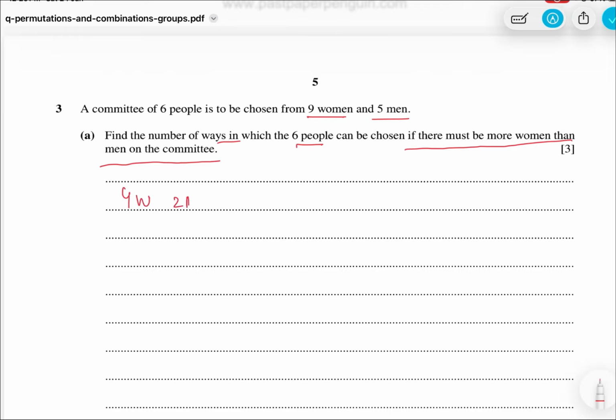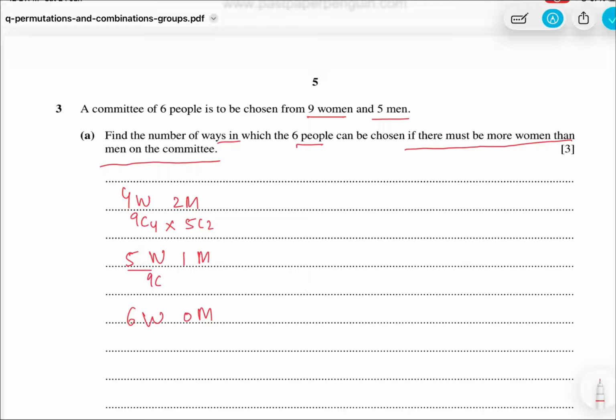4 women, 2 men, 5 women, 1 man, 6 women, 0 men. Yes or no? So 4 women would be 9C4 times 5C2. Then what should we do over here? 5 women.